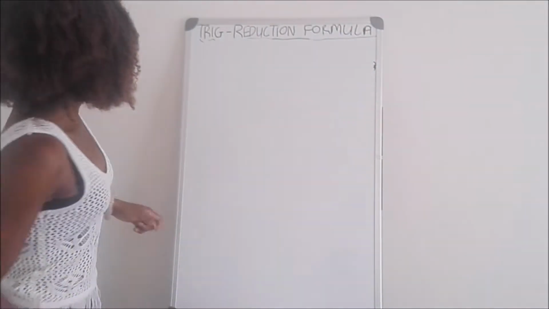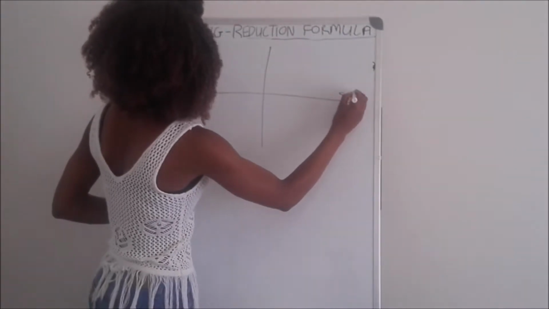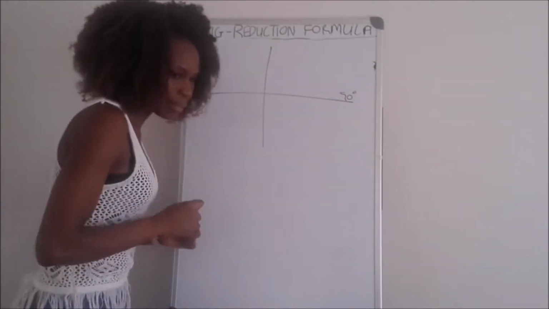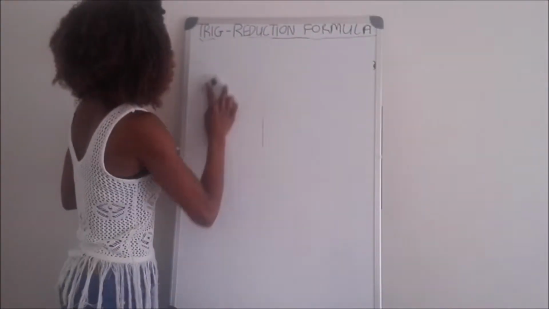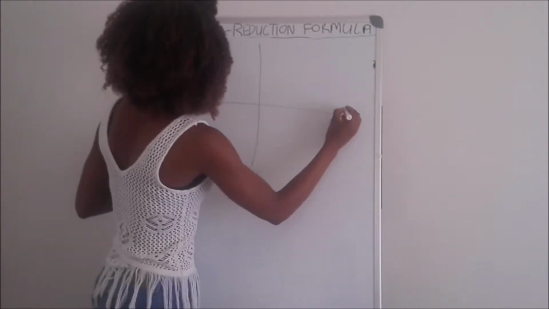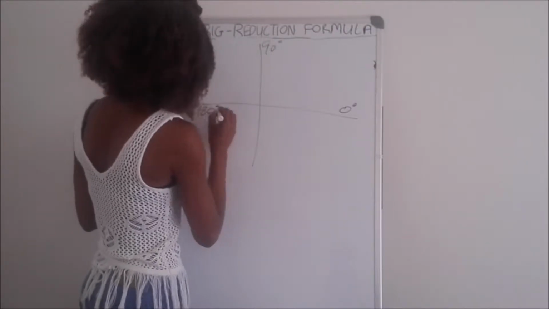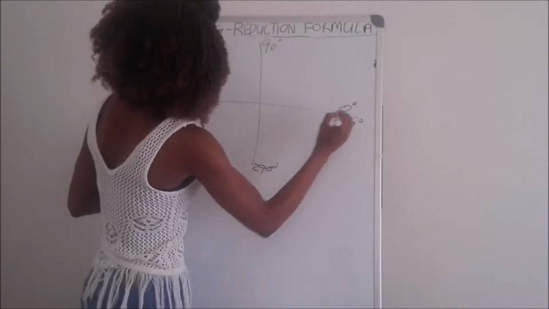Trigonometric ratios on the Cartesian plane, of which this is 90 degrees. Sorry, it's not 90, it's actually 0 degrees. Let me just get a duster. Trigonometric ratios on the Cartesian plane: this is 0 degrees, this is 90, this is 180 degrees, 270 degrees, 360 degrees.